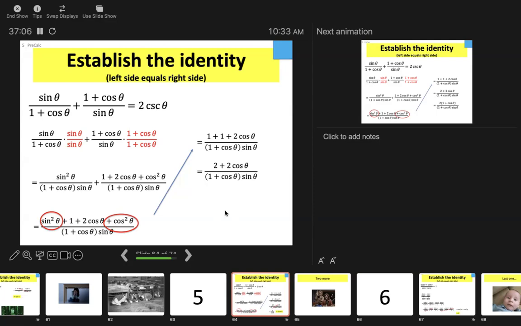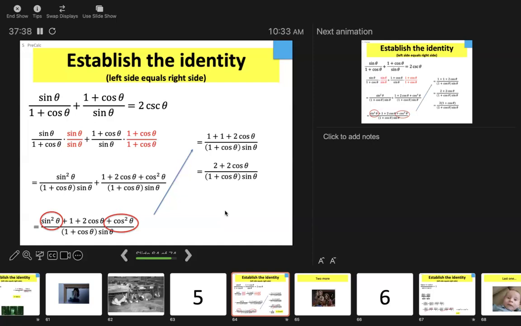So how are we going to get rid of 1 plus cosine? Look at the numerator. Tell me something smart. Say it out loud, though. Factor out a 2. Factor out a 2 from the numerator.